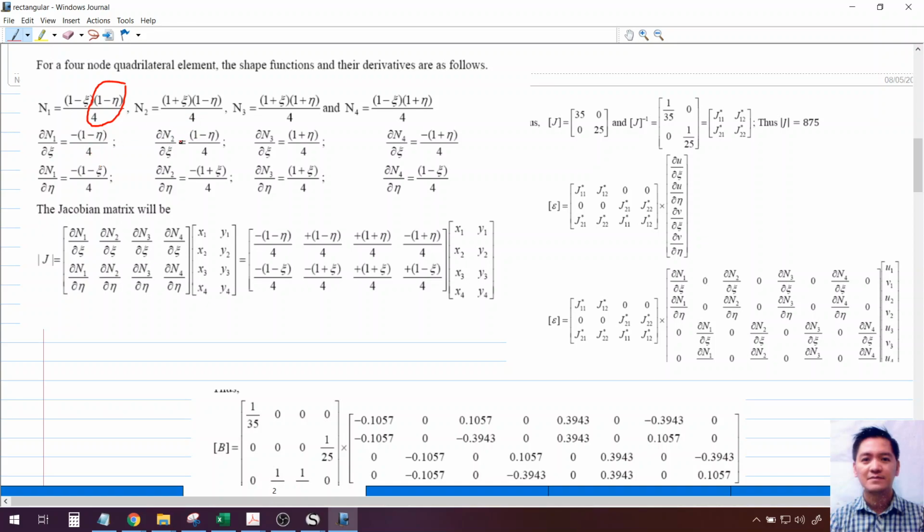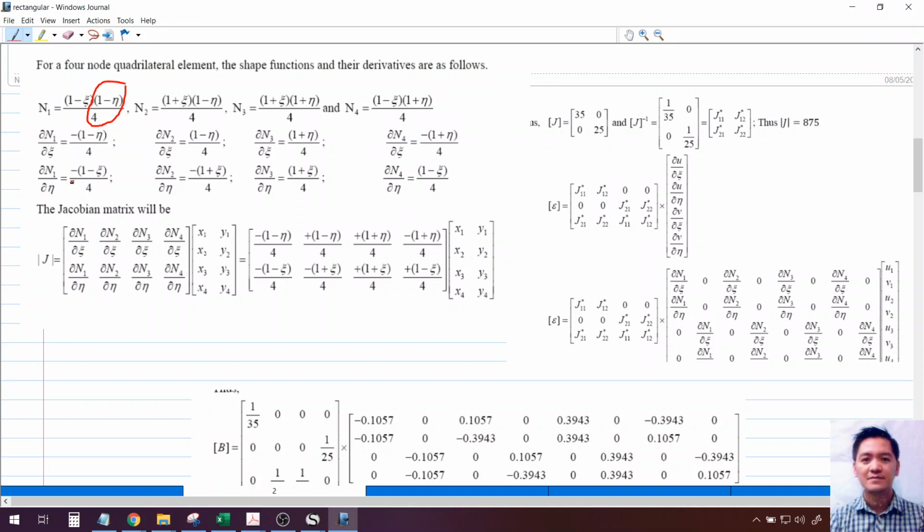Okay? dn 2 over dc. So therefore constant ulit ito. So as is to 1 minus eta over 4. dn 3 over dc. Constant ulit to. 1 plus constant coefficient, 1 plus eta over 4. Okay, so on and so forth.